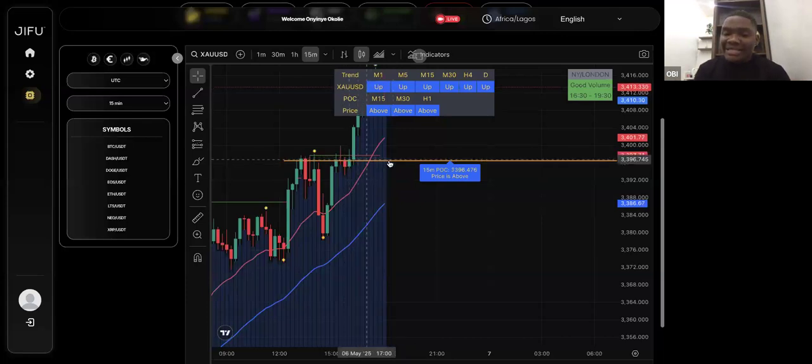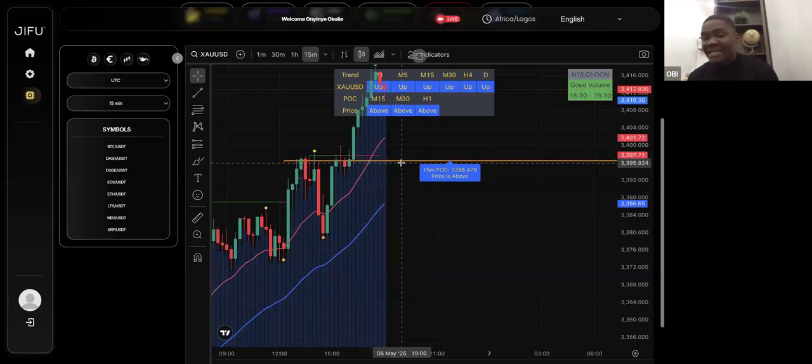When you see the candlesticks moving at this orange line area, this point of control, it is regarded that in that area buyers and sellers are struggling.